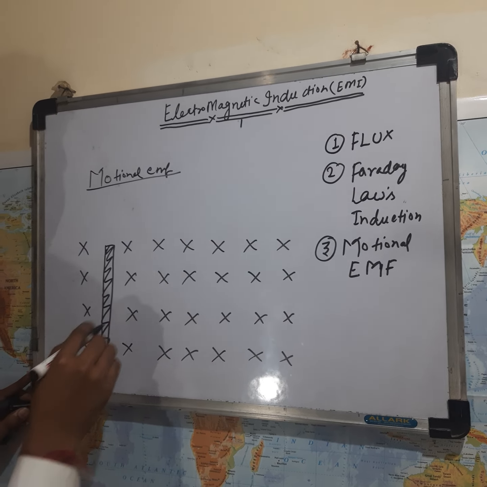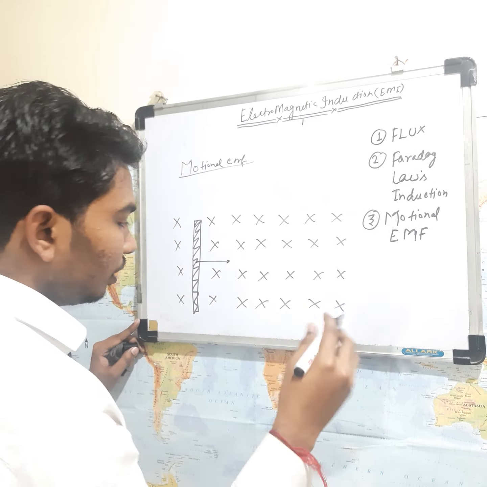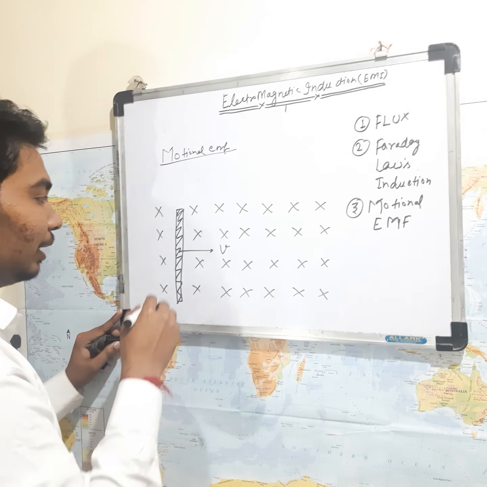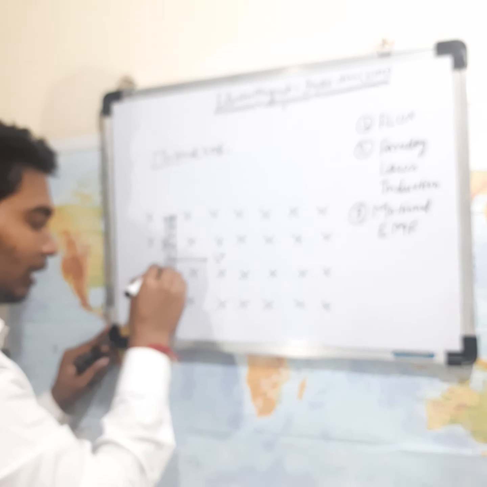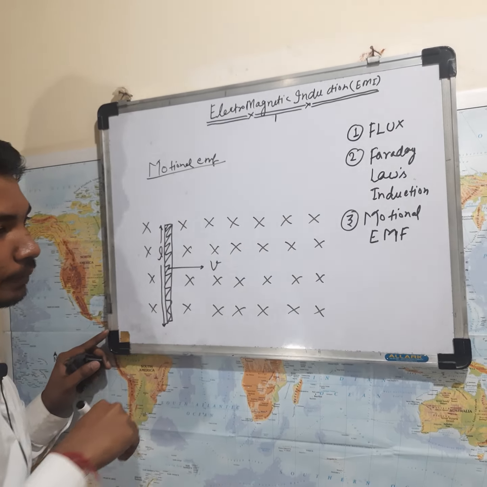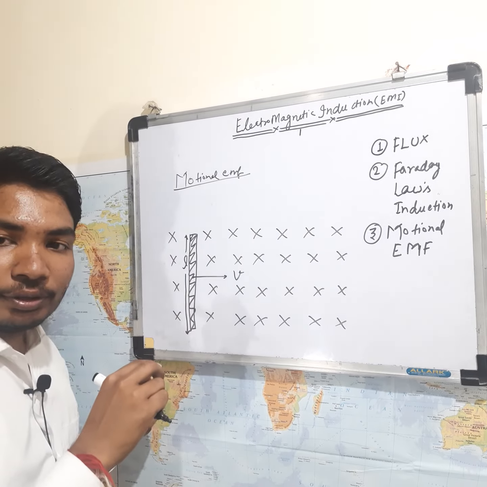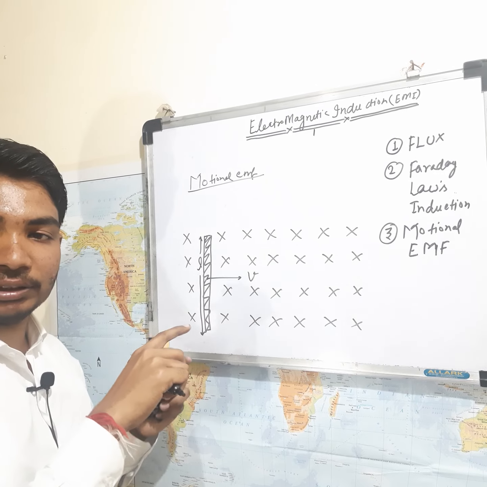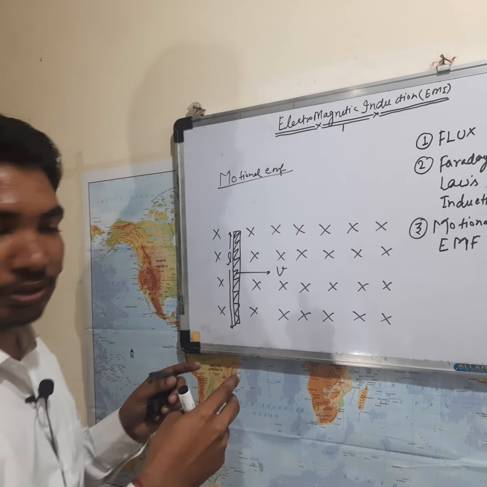This rod is moving towards the right with velocity v, and the length of the rod is L. Keep in mind that this is a conductor rod; if it were insulated, there might be some changes in this problem.